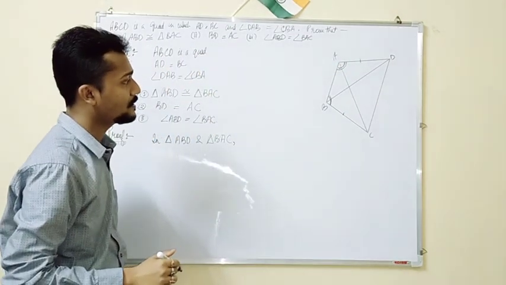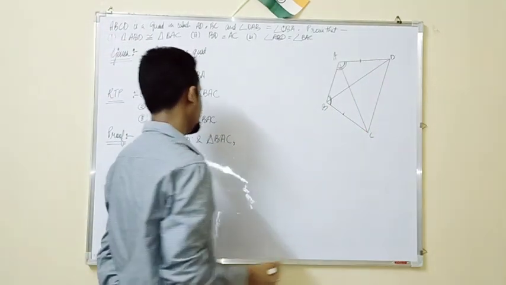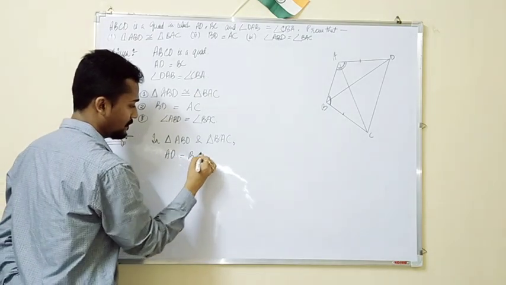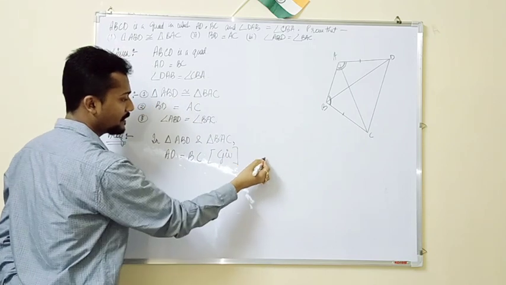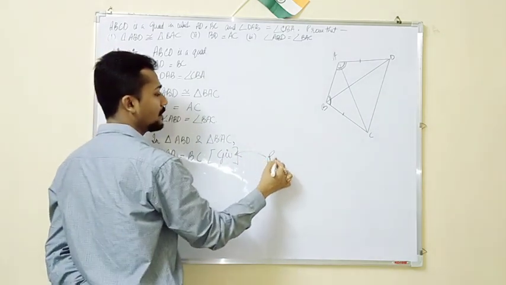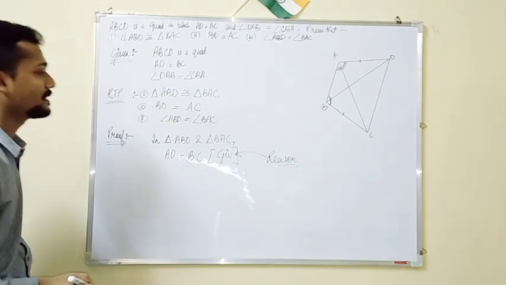In these two triangles, AD is equal to BC, and it is given. The reason part is very important. You must always give the reason for how you got that thing.